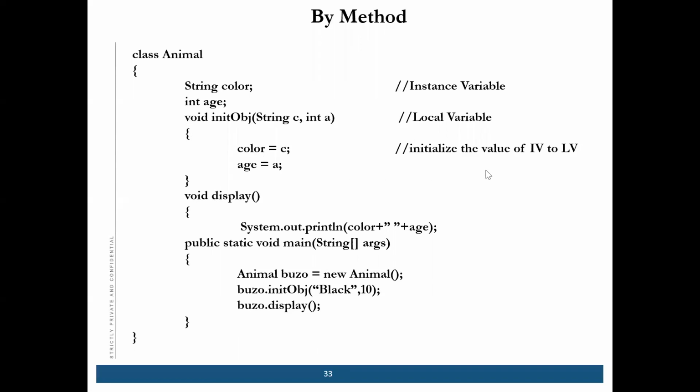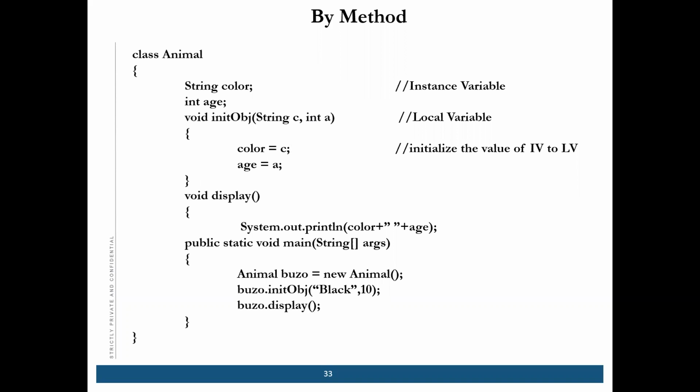Now we are passing some parameters here in the init objects. This is the initialization of objects, and we want to initialize some object here and use this variable inside our main method. I will tell you how we want to do it.